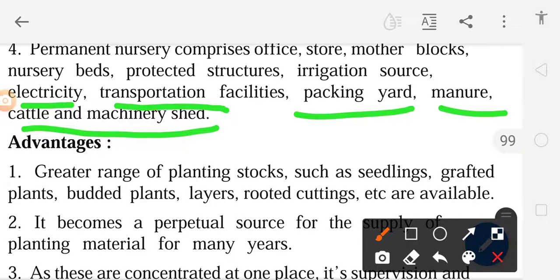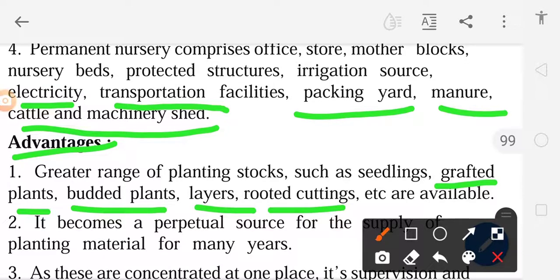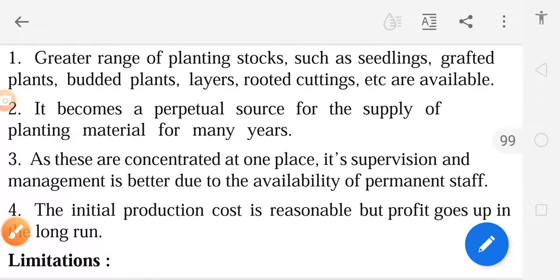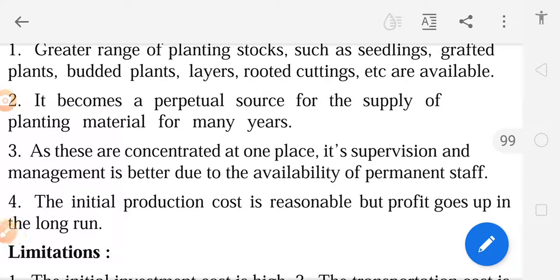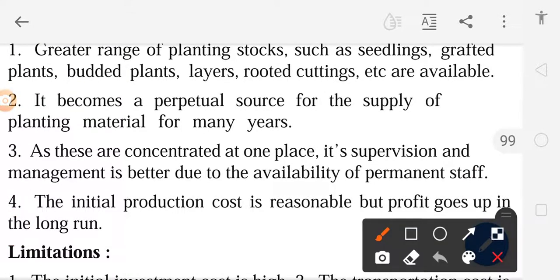But there are larger advantages of a permanent nursery compared with the temporary nursery. Which are the advantages of a permanent nursery? We can prepare seedlings, grafted plants, budded plants, layer plants, rooted cuttings. All these things can be made available to the customers. Another important thing is that this becomes a permanent source of income, a permanent source of plant materials for many years.